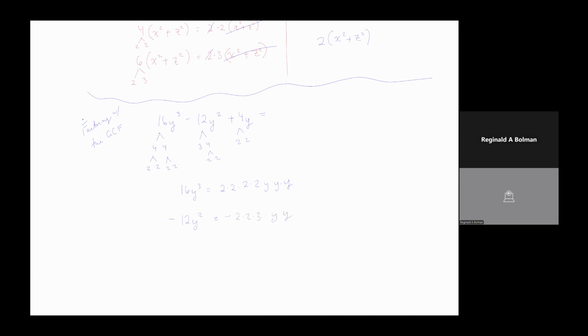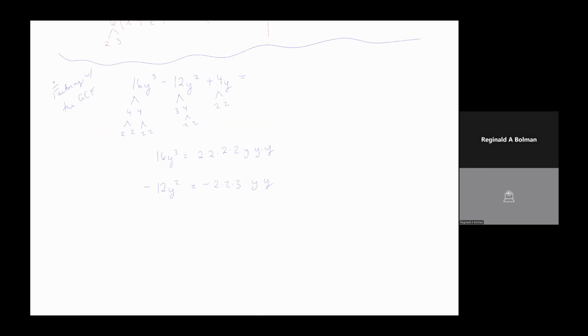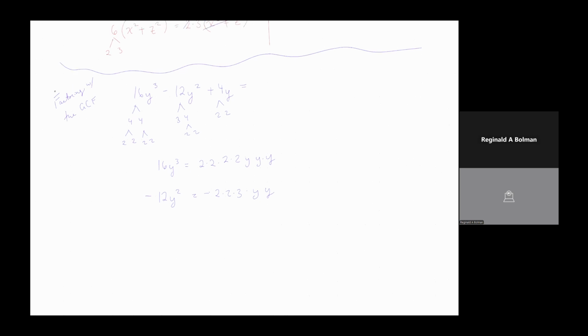Watch out for the sign that's in front of your term. It is important. In some instances, we may need to do something with that. In this particular case, I don't think it will be necessary, but in many instances, you're going to need to keep a hold of that negative symbol just in case you want to factor out the negative, which is another technique which we'll learn here shortly. For 4y, you found this is 2 times 2 times y.